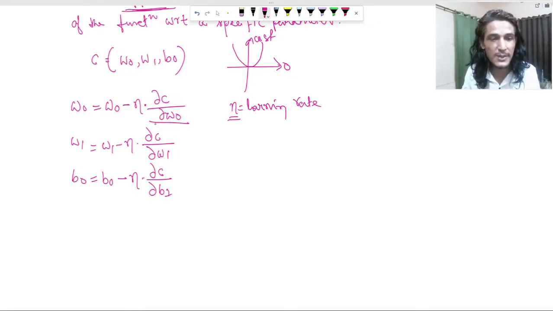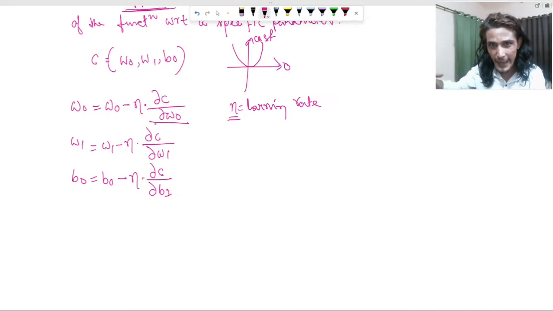And that's what is done in the backpropagation, or the backward pass, of the training phase. In the training phase, there's a forward pass where we compute the output. Then there's a backward pass where we propagate back the error through the network to update the weights and biases of the network.